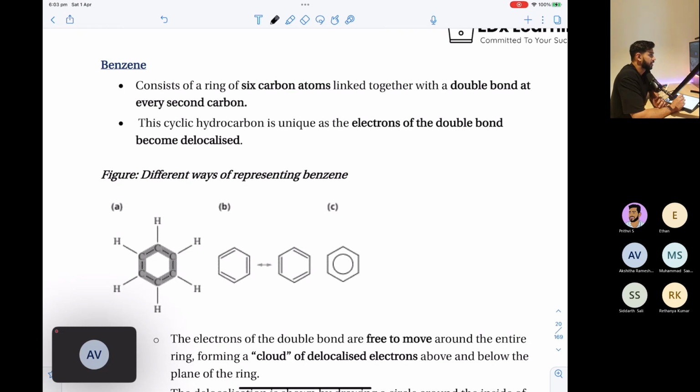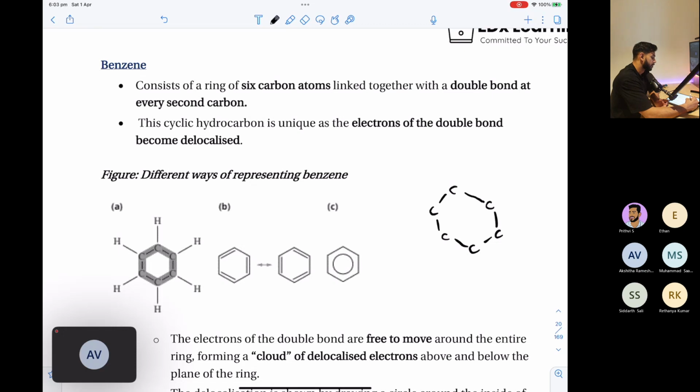Benzene is not like your typical hydrocarbon. At superficial glance, you might go, oh, this is just a cyclic hydrocarbon. What makes it so special that it gets its own unique name?